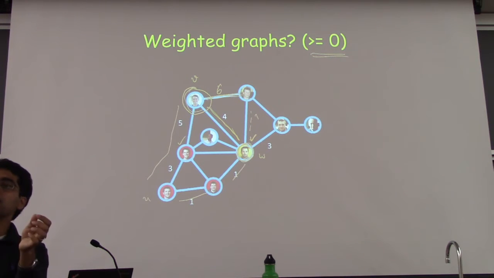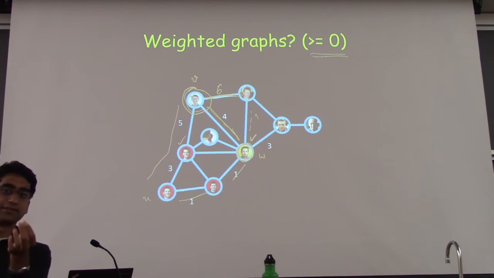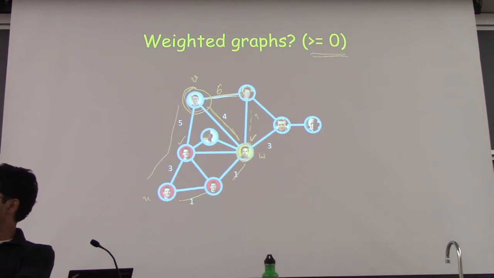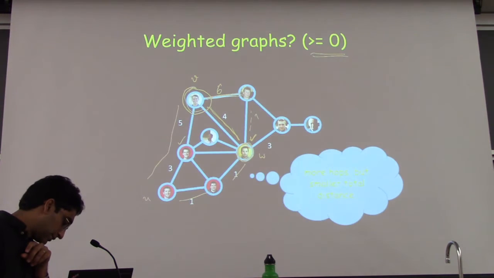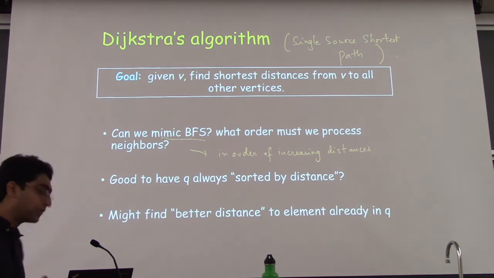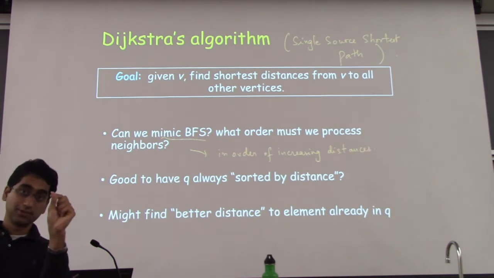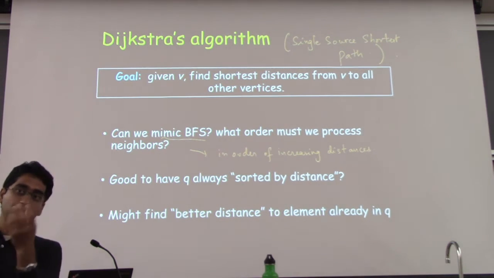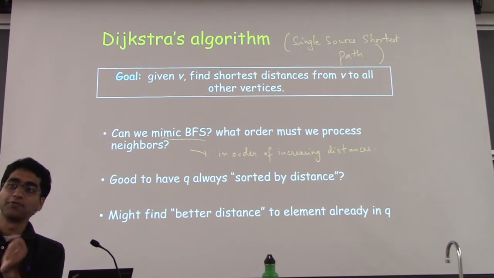Here reachability is not the point; it's the distance that you've taken to reach this vertex. That's the thing that matters. So what this suggests is maybe you have to keep track of the distances you have taken so far to reach different vertices.